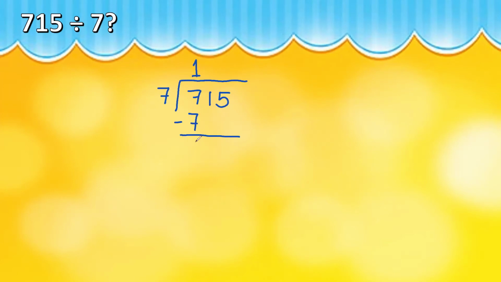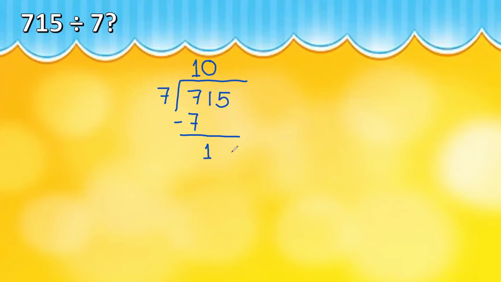Then subtract. Bring down 1. 1 divided by 7 will be equal to 0. So in here, as we can see, the divisor is greater than the dividend. If that's the case, if you divide them, the answer will be 0.